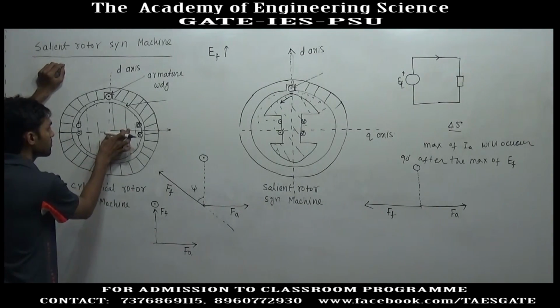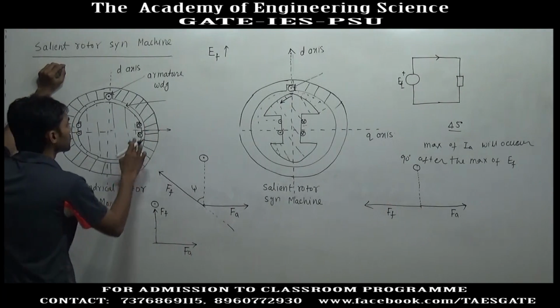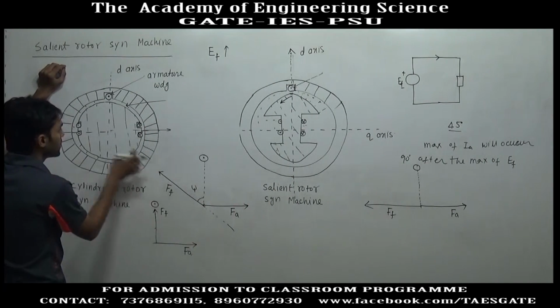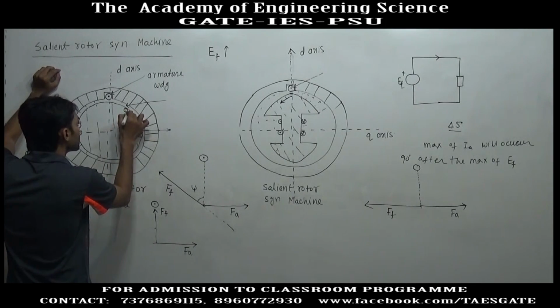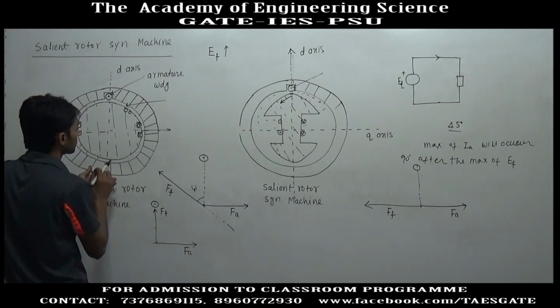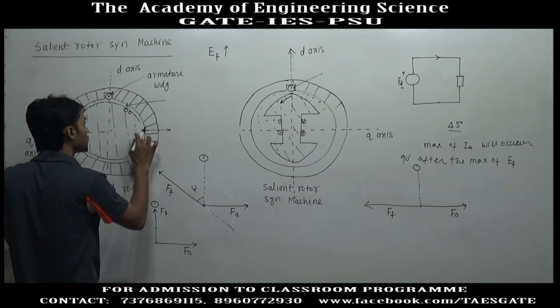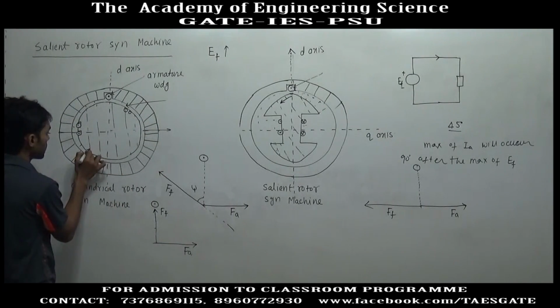So, let us rotate it by an angle of psi. This rotor would have rotated psi angle in the anti-clockwise direction. So, this part will come here, this will be like this, and these two conductors will come here.